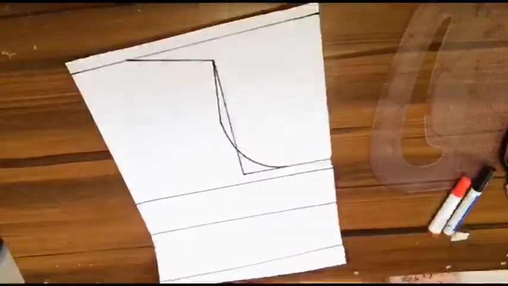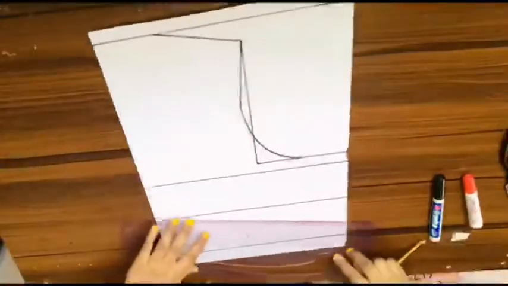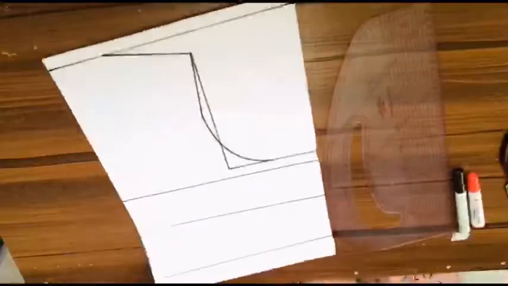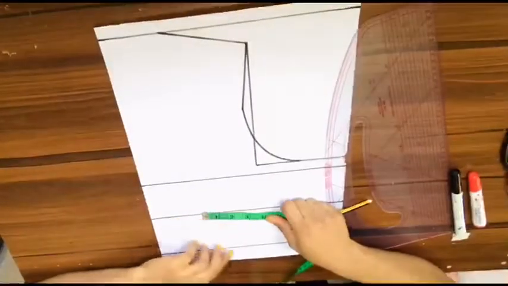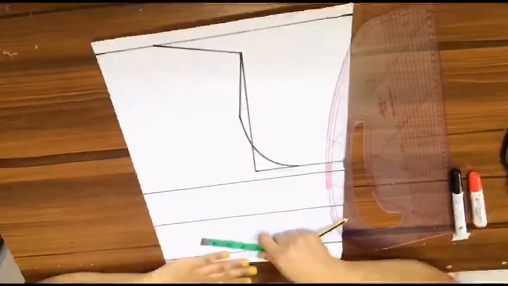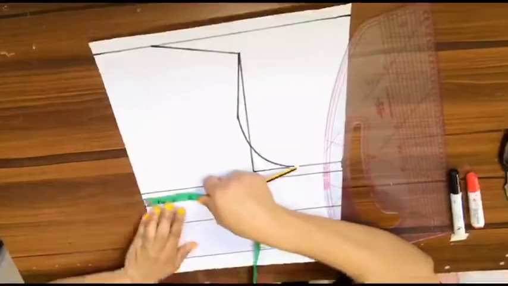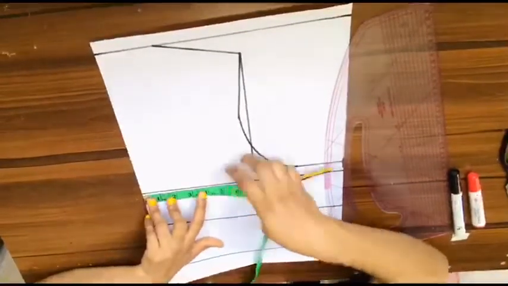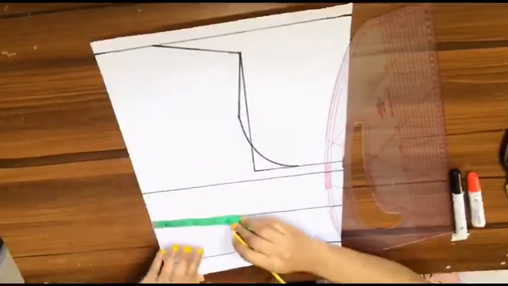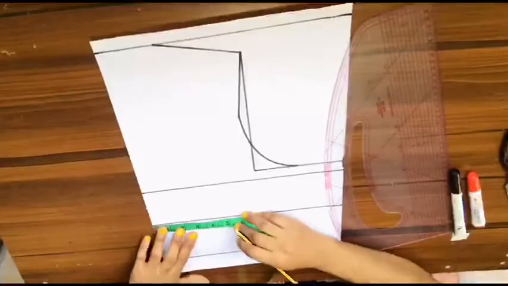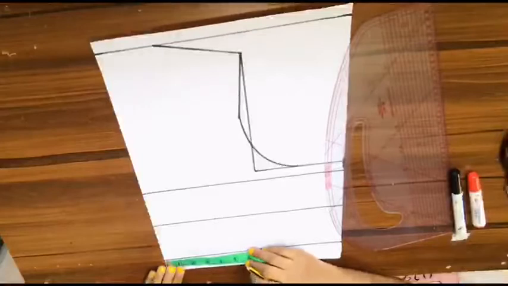So moving forward, I'll be making use of my bust span, which is my nipple to nipple measurement. And my nipple to nipple measurement, like I said, is 8 inches divided by 2, which is 4 inch. And I'm going ahead to mark that 4 inch here on my bust line, and also on the waistline.